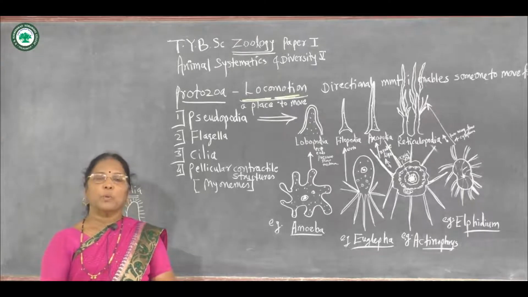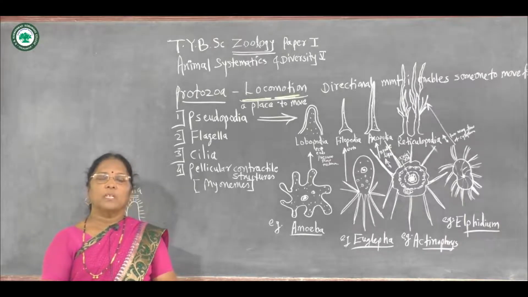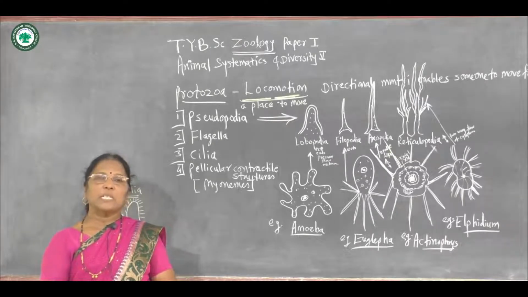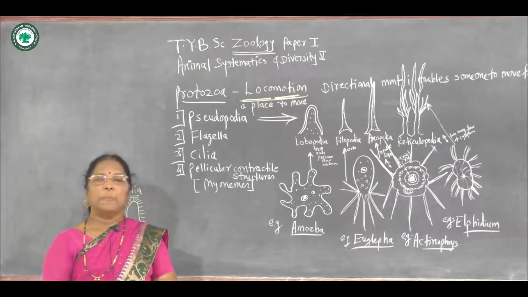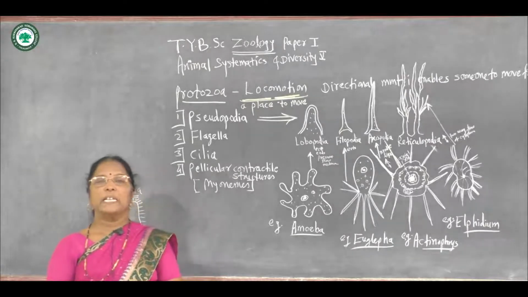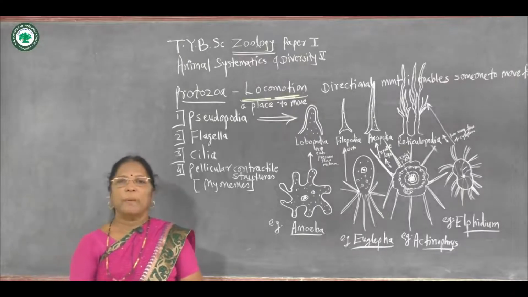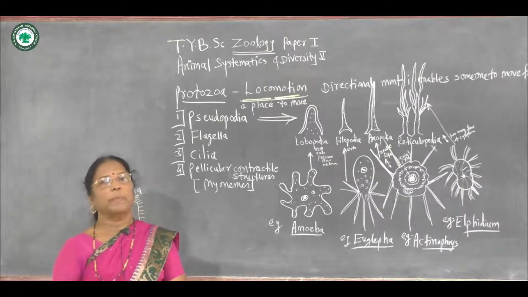In some protozoans, pellicle is present, which is an outer covering. It is a constant covering, and this pellicle gives a constant or permanent shape, which is rigid, to some protozoan animals. Some of them have plasma membrane, some of them have pellicle.